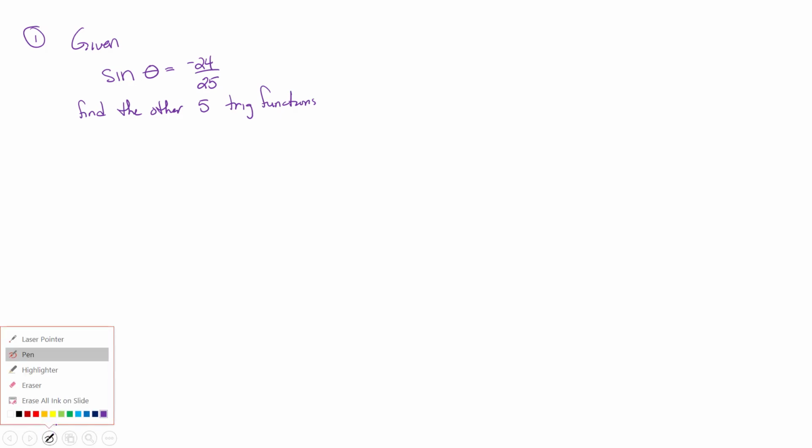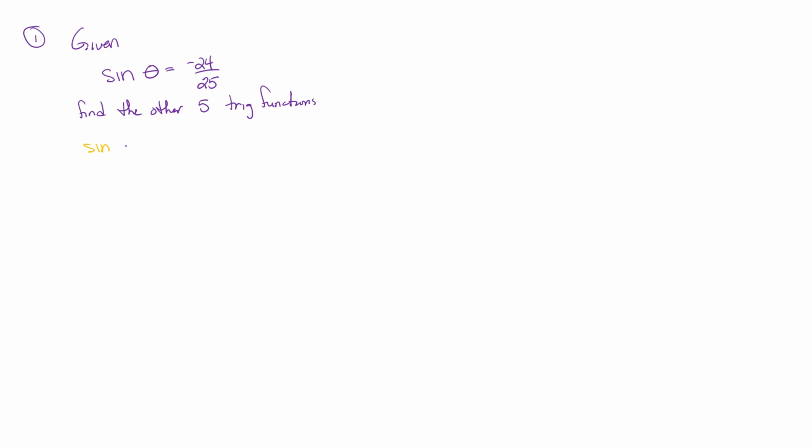Let's work on this problem. I'm going to give you the sine of theta being equal to negative 24 over 25. And I want you to find the other 5 trig functions. Okay, so the question is, what do we know?